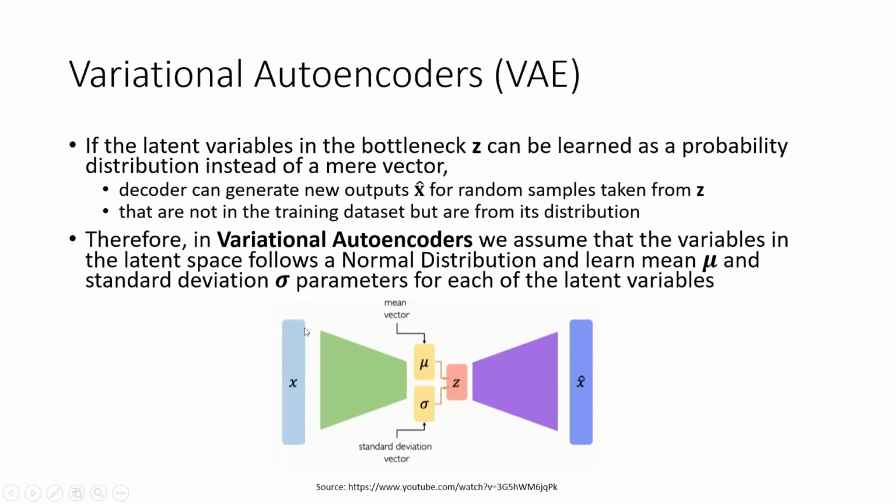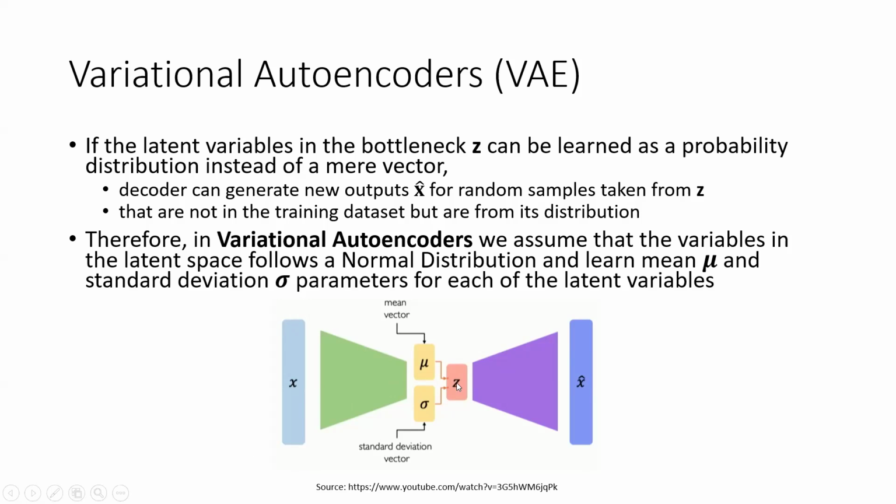We want data generated from this distribution which is not exactly the same as the information in the data set. For example, if X is an image set, we want to create some images that are not there in this data set, right? So this is the latent vector which may contain the most critical, most significant information of this image data.